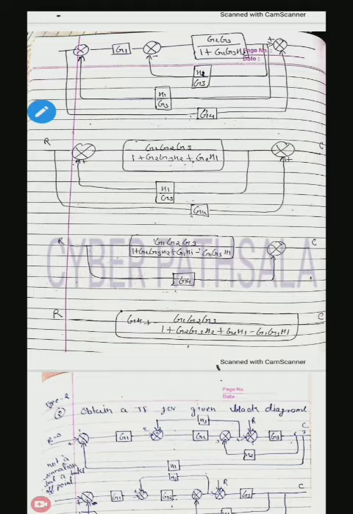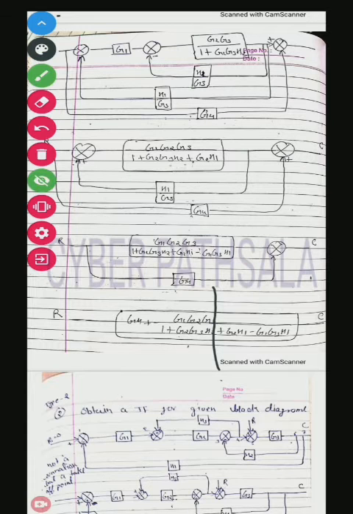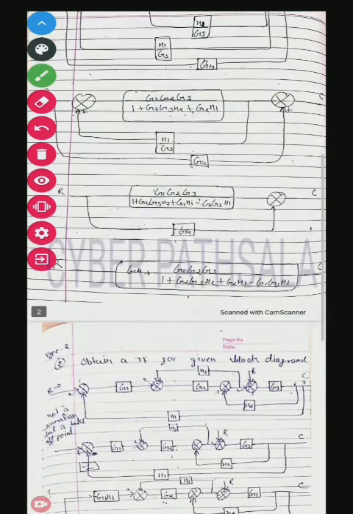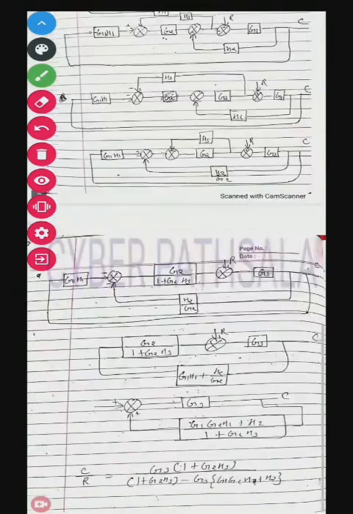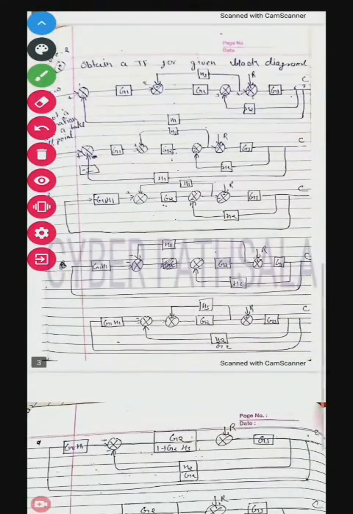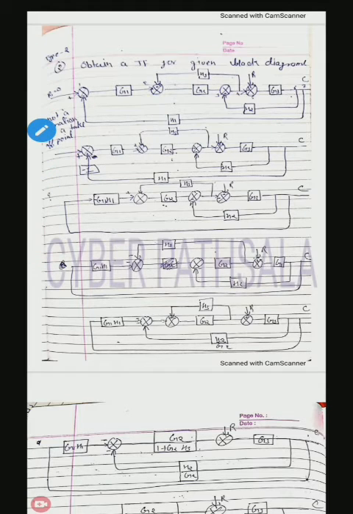Moving to the next type of problem, move to slide number 3. Here is the second type of question. In this block diagram you have to obtain a transfer function.